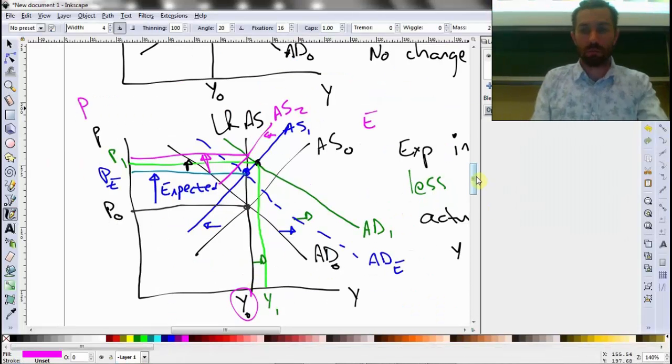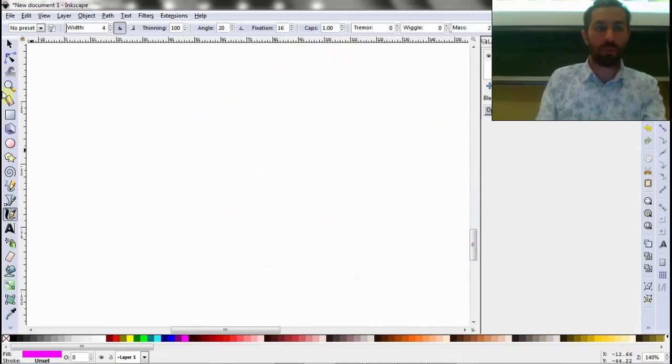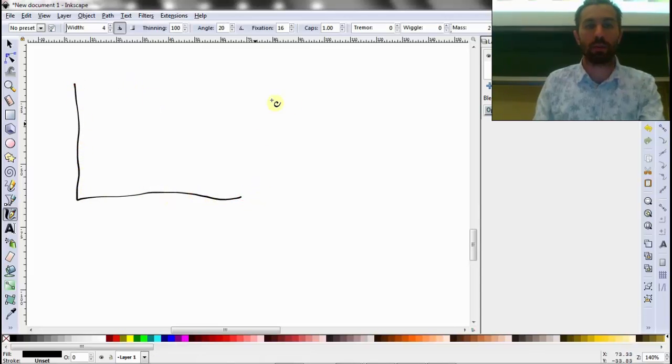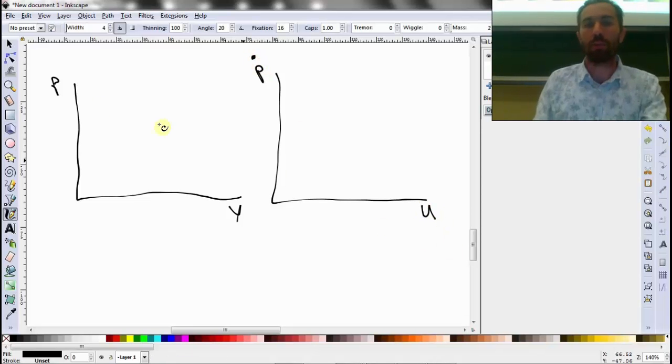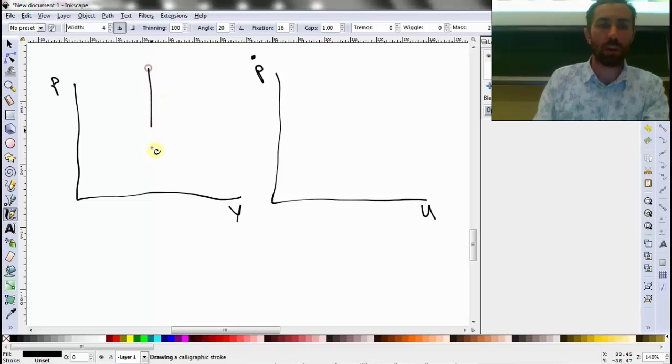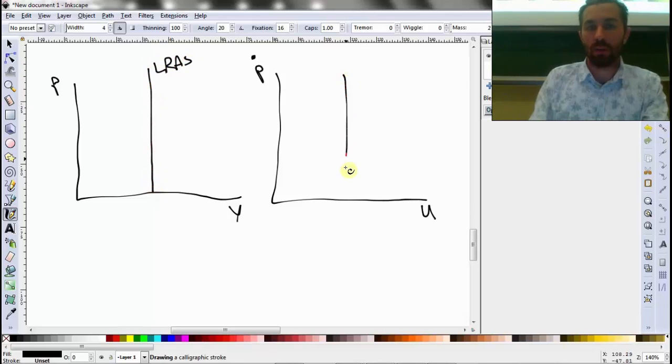So let's draw a Phillips curve and an ASAD model. Okay, so we've got price level against output, and then you've got inflation, and I'm just going to use inflation as P dot, and unemployment. Okay, so we've got a long run aggregate supply curve. We've got a long run Phillips curve.